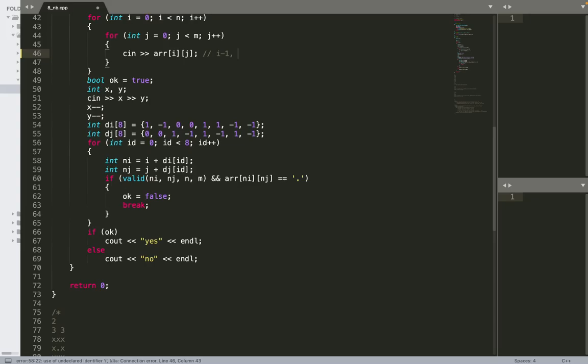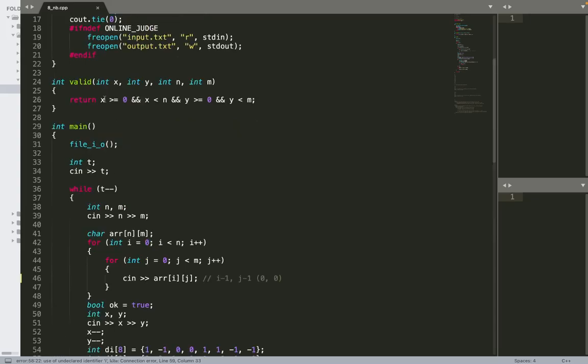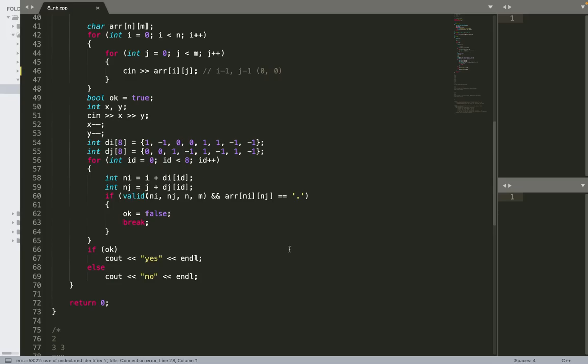So that's what we have written, as I have just explained. Once it is valid, then we need to ask the question: is the entry a dot? If the entry is a dot, we can just make OK equal to false, and that is sufficient to say no, right?